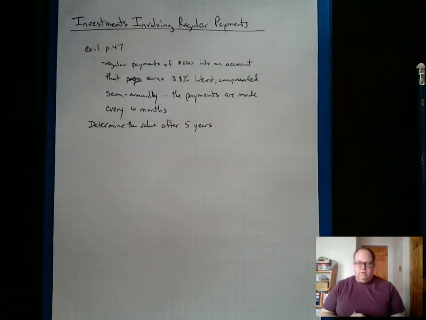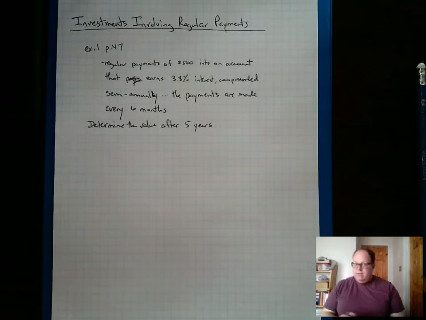The first $500 that you put in at the end of 6 months is going to collect interest for 4.5 years. The next $500 you put in will only generate interest for 4 years. The next $500 you put in would only generate interest for 3.5 years, and so on.